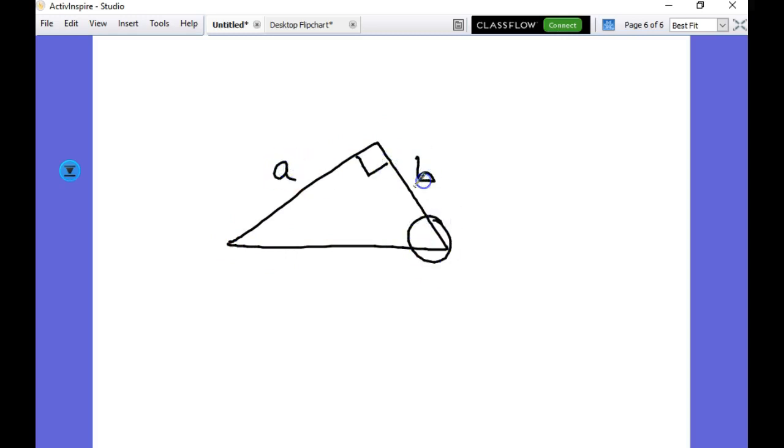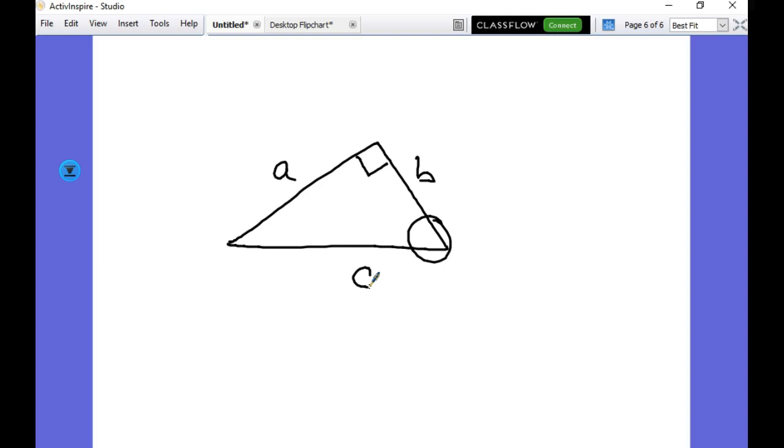We'll call this A, B, and C. So which one is the hypotenuse? Melanie, what do you think? C. C is correct. Next question. What is A? Think about it for a moment. Juliana, what do you think? Opposite. Very good.